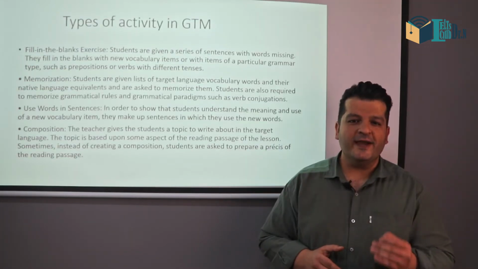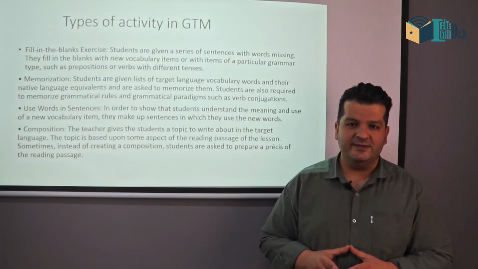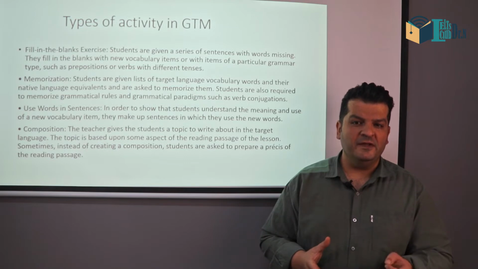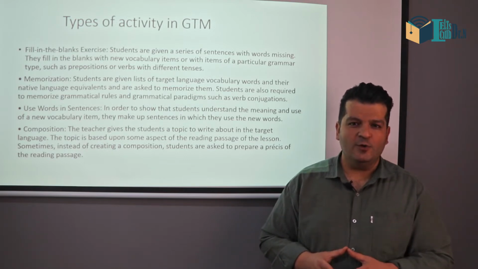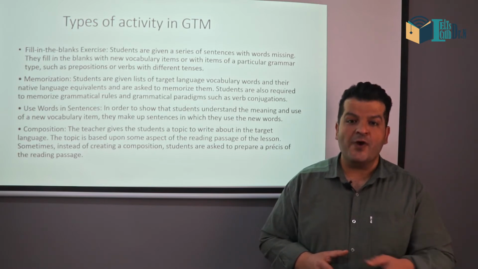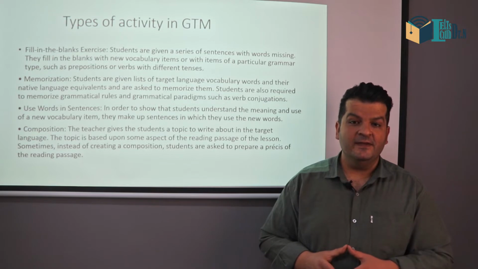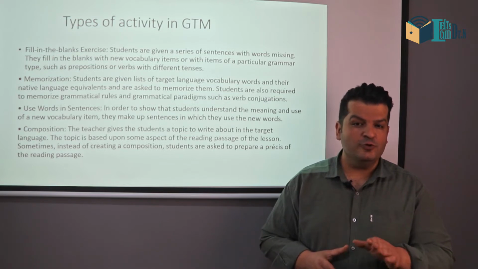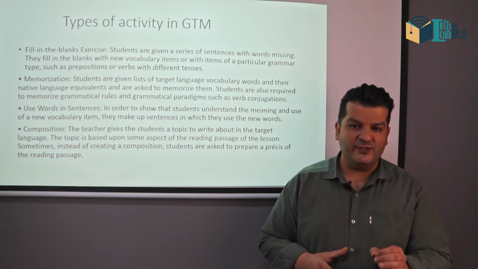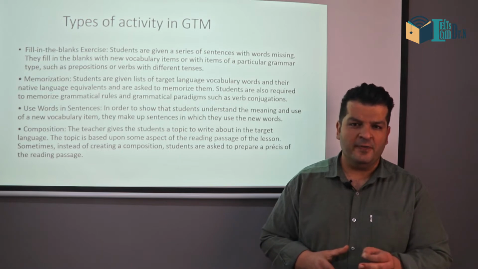The next type of activity is memorization. Students are given a list of words with their Farsi equivalents or native language equivalents, and they are asked to memorize them. And even students are asked to memorize some verb patterns, such as word formation or different parts of speech.